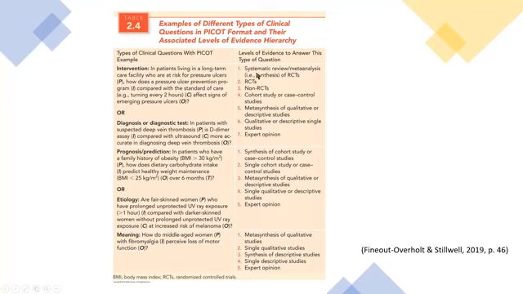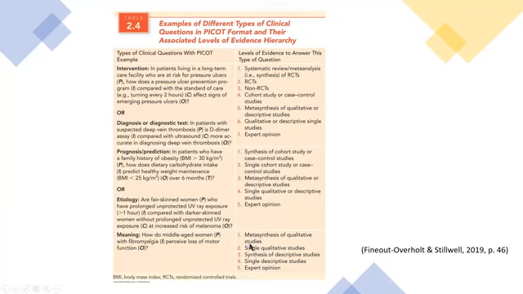That's because RCTs are typically used to test an intervention. So it makes sense that they would be used to answer an intervention PICO question, or you could also use them to test a diagnostic test for its accuracy. Whereas that's not the case when you're doing prognosis or etiology PICO questions.